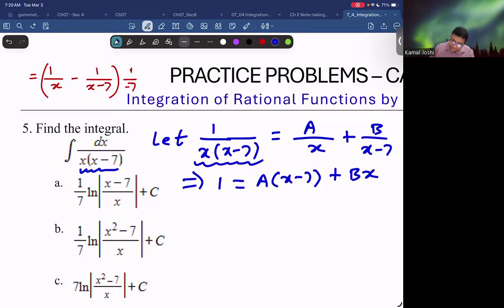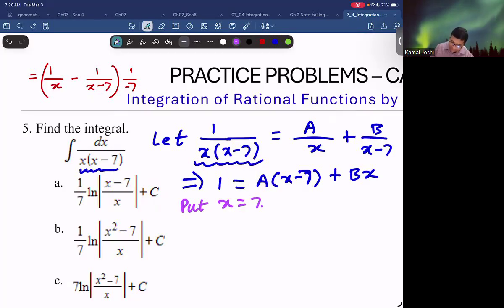Now you want to obtain the values of a and b systematically, right? So you put in values of x, because this should work for any value of x. You can choose whatever you want. So I'm putting x equal to 7, let's say.